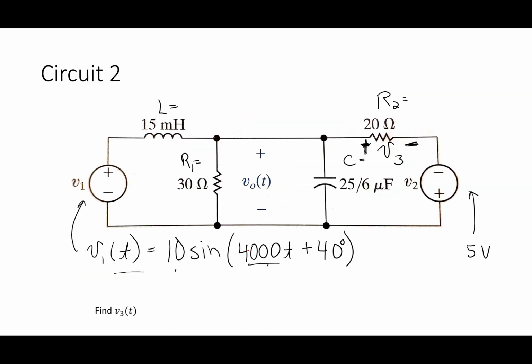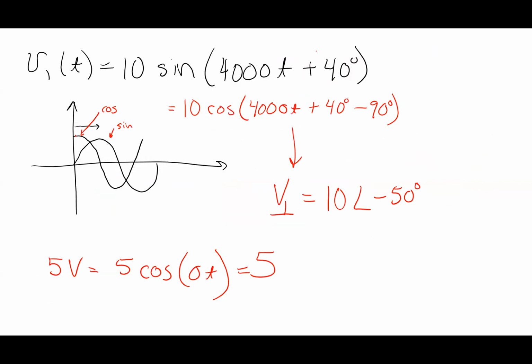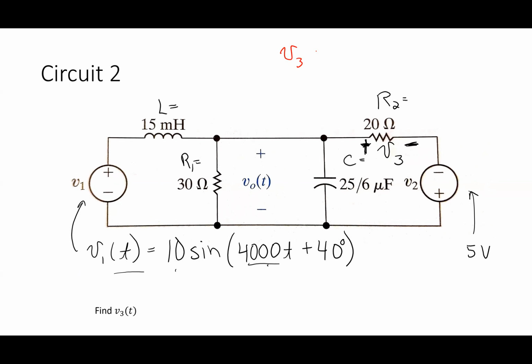Okay, so here's the circuit. First thing I'm going to do is turn off the DC source. So the way I'm going to say this is, V3 is going to be, how did I say it? V3 4000. Phasor wise, when I write lowercase, the phasor for that would be uppercase like that.